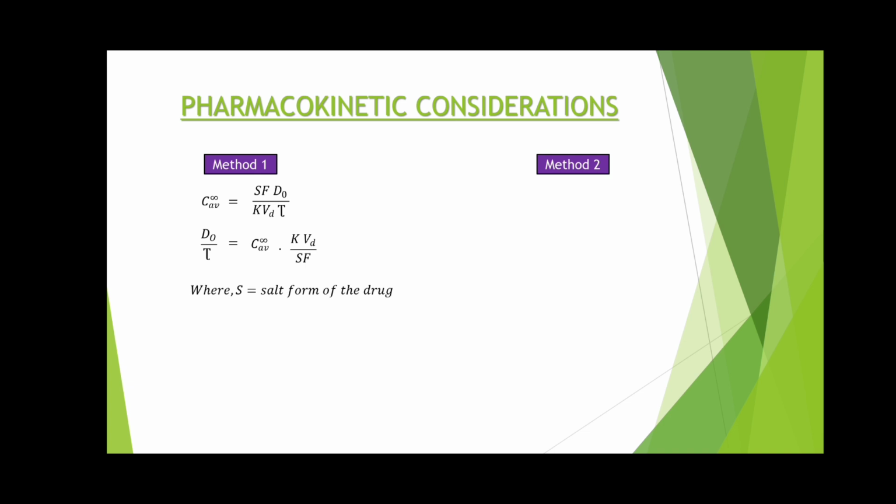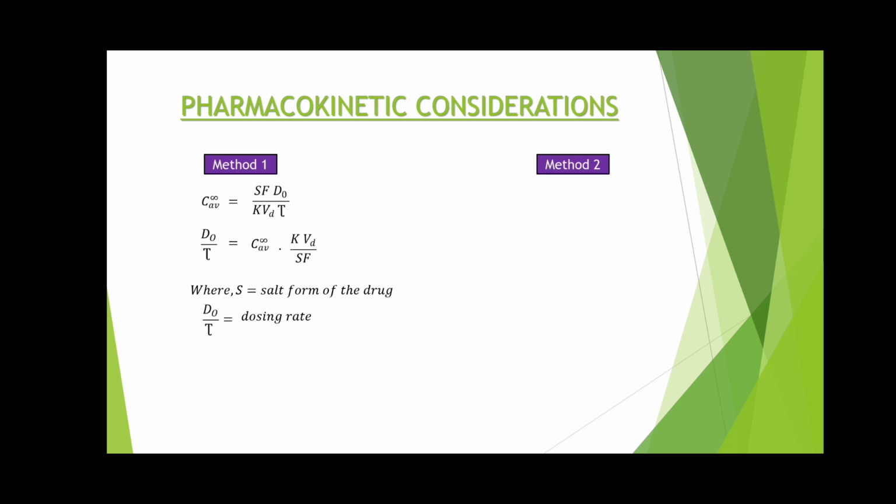So here S is the salt form of the drug, D naught divided by tau is the dosing rate, D naught is the initial dose, tau means time, K means elimination rate constant, and Vd means the volume of distribution. So this is the first method by which we can calculate the dosing rate, or you can say the average steady state concentration of the drug in the plasma.